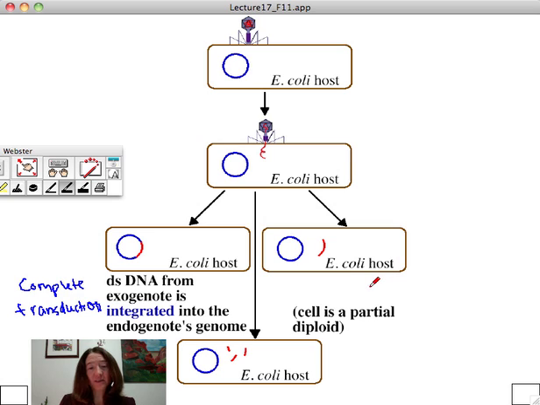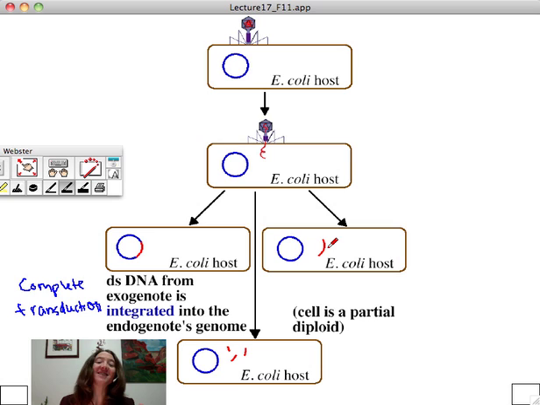And then the other possible fate is a crazy one. This is where you can see the red donor DNA just hanging out in the cytoplasm. It's not integrating, but it's not getting degraded. This is when you get these situations of partially diploid E. coli cells where they're potentially expressing multiple copies of the same gene.